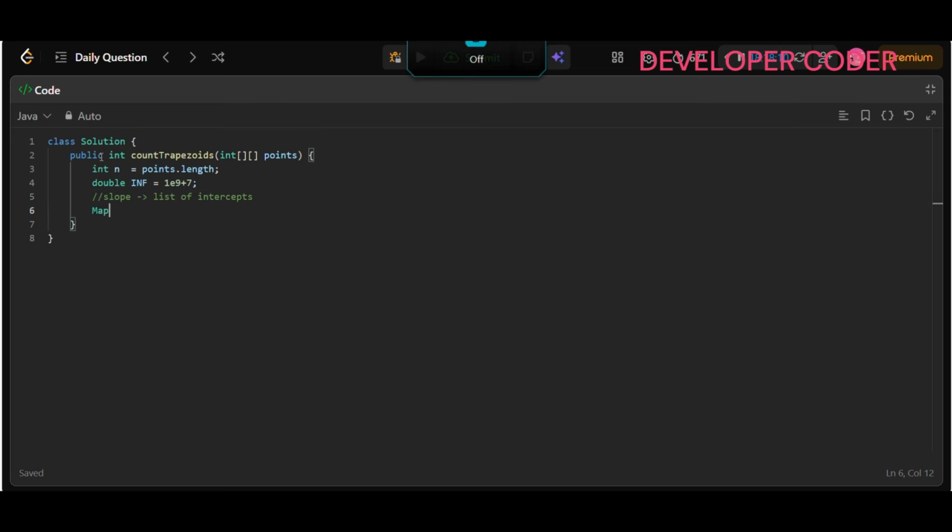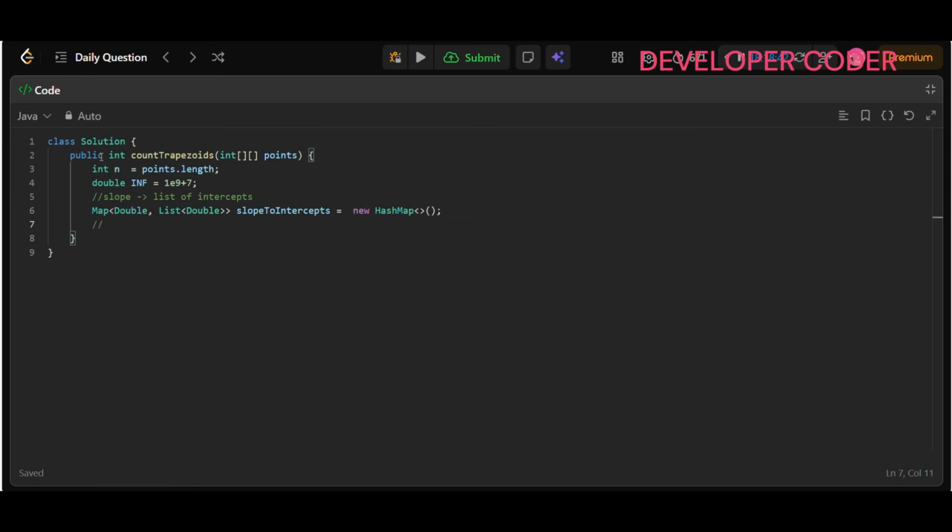So here I'm going to write Map of double to List of double, and name it slopeToIntercepts, is equal to new HashMap, and that's it.